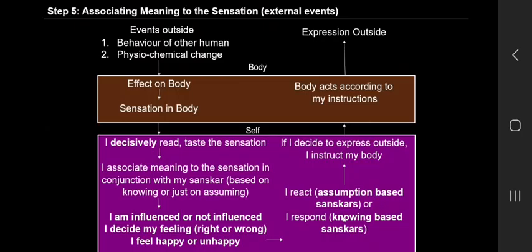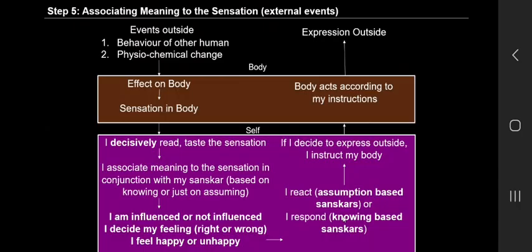The second part is I am reading these words, I am reading this sensation. Now, based on knowing, I can see that that person is not comfortable within. That person is already in a reaction. Because he is in a reaction, that's why he is speaking like this.